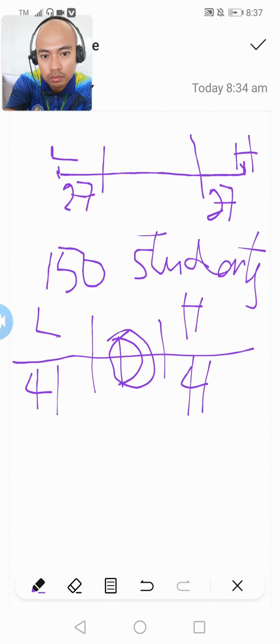Okay? Then, bibilangin natin, and yung nakakuha, that will represent L in the formula of the discriminating power. And sino naman ngayon yung nakakuha ng item na yon among these 41 on the upper portion or on the higher group? So, bibilangin mo ulit kung ilan yung nakakuha, and this will represent capital letter U in the formula.